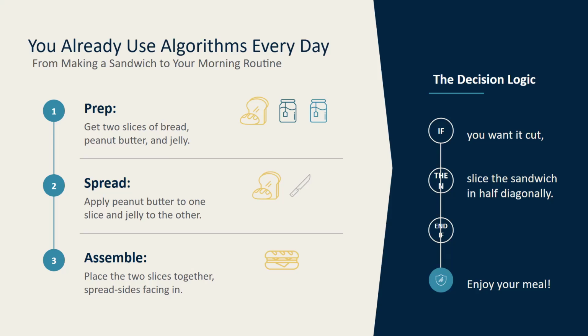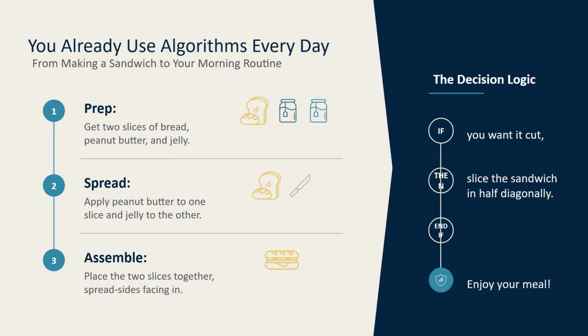And then on the right side, you can notice that there is also a decision. Some people prefer their sandwiches whole, while some people prefer it cut. So if you want the sandwich cut, then you slice it diagonally or you slice it vertically. It depends on what kind of slice you want.